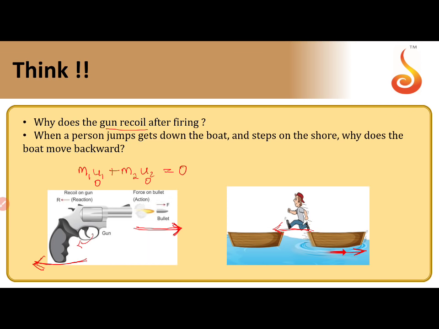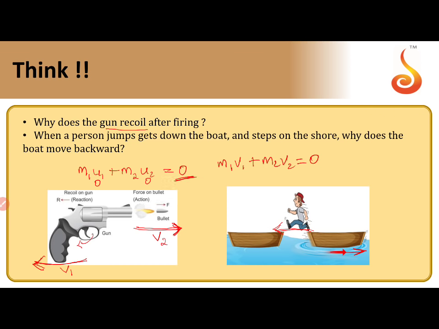But when I fire, the bullet starts moving forward with a velocity equal to V2. So in order to compensate for the momentum, the gun will be pushed back with a velocity equal to V1, so that the final momentum M1 V1 plus M2 V2 is equal to 0.